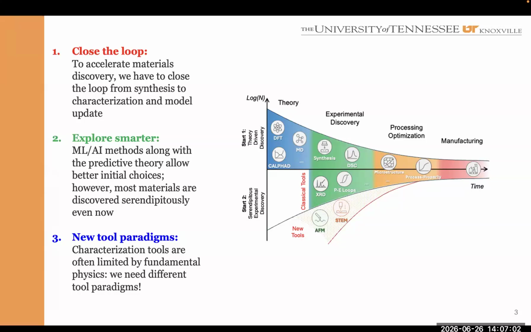So what are the problems there? The first problem is just high dimensionality of space, of compositional space and processing spaces, and we need somehow to navigate through them. So how can we address this problem? First, we probably want to have models that will help us, that will guide us throughout these high dimensional spaces.